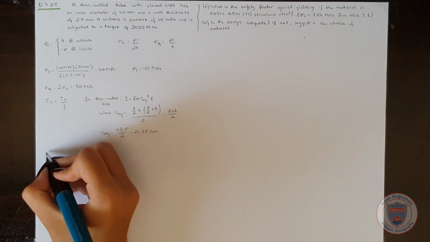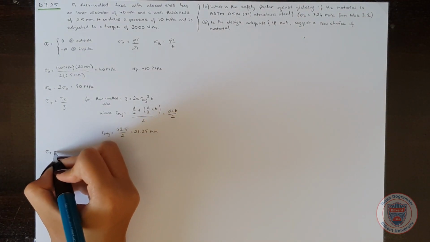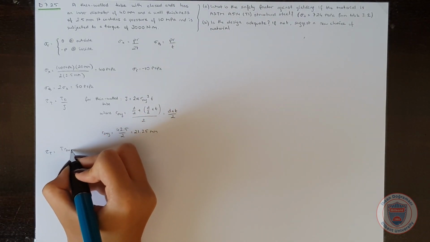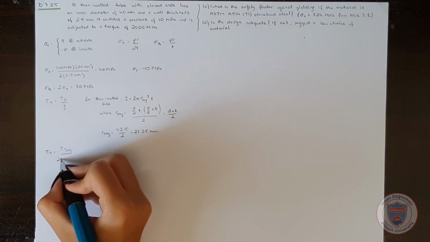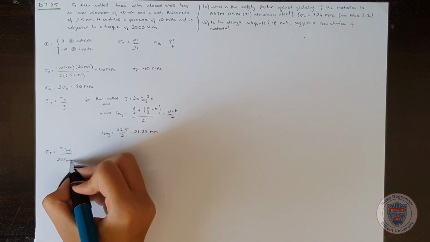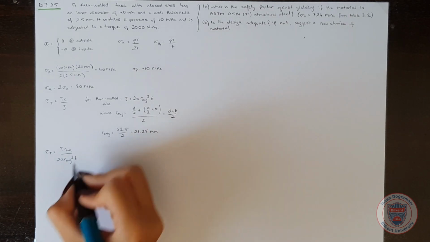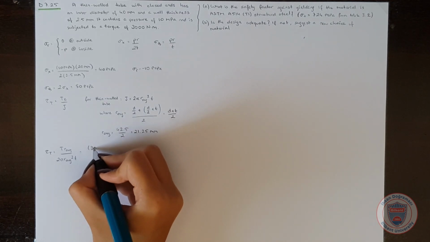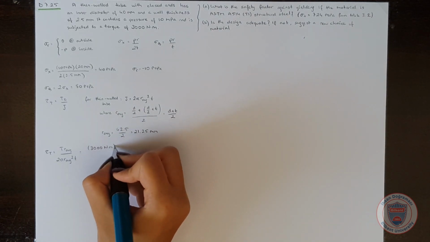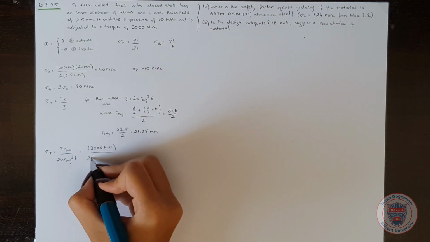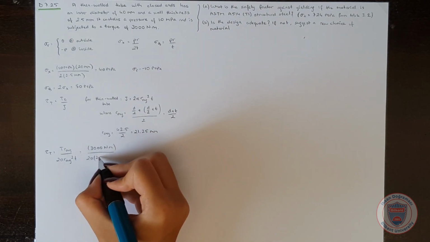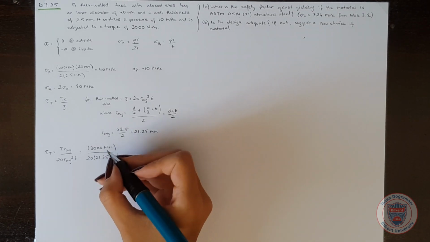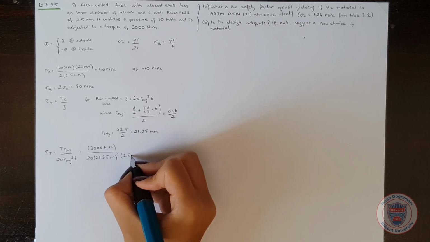So let's calculate tau T. It will be equal to T times R average over 2 pi R average cube times T, and it is 3000 Newton meters over 2 pi times 21.25 millimeters square times 2.5 millimeters.